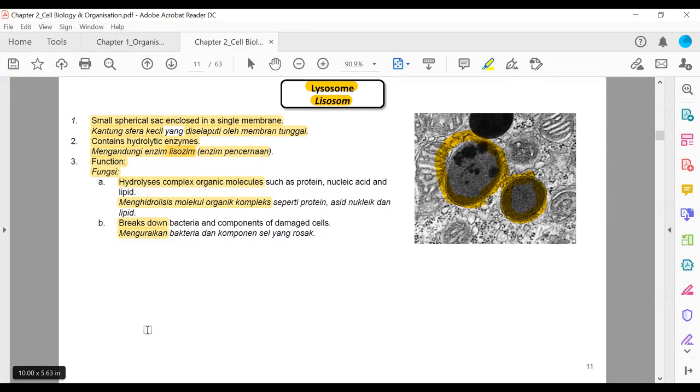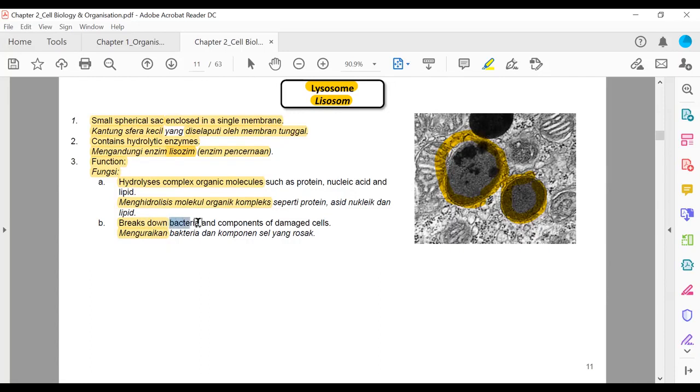So kalau ada protein, nucleic acid dan lipid di dalam sel, perlu di breakdown, perlu di hydrolyze, perlu dipecahkan. So here comes the lysosome. Dia akan gunakan enzim dia untuk memecahkan organik molekul yang kompleks, yang besar menjadi molekul-molekul yang ringkas.